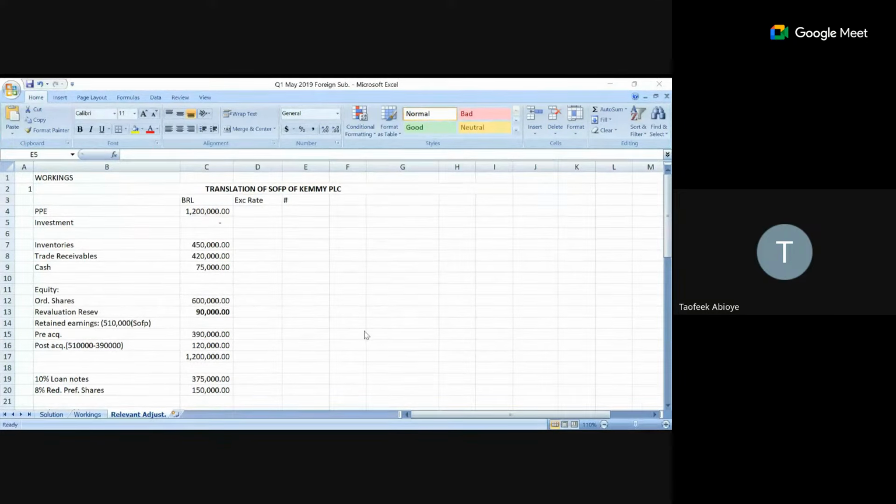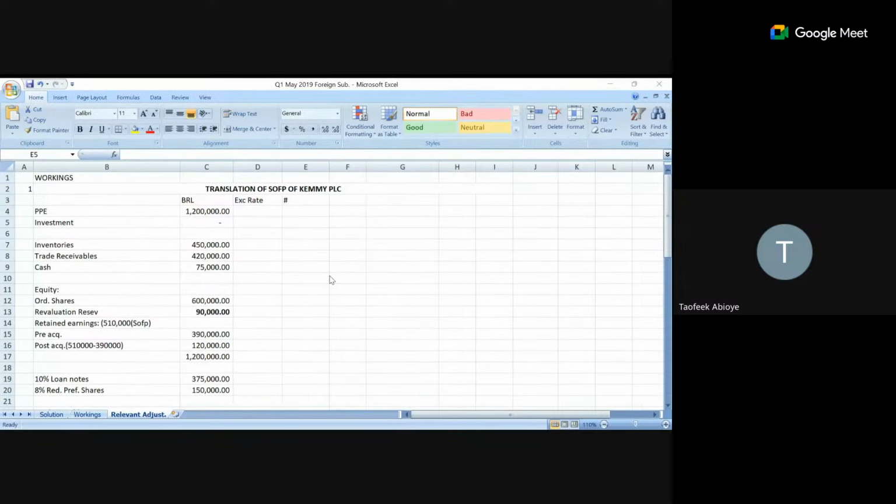Now, my question is, when we want to divide all our SOFP items, which rate are we going to use? Please, let's check our question. Is it the DOA rate or DOC rate? When we are translating our SOFP, DOC rate, yes. All our items in the DOC will be translated using the DOC rate. Please don't let us forget.